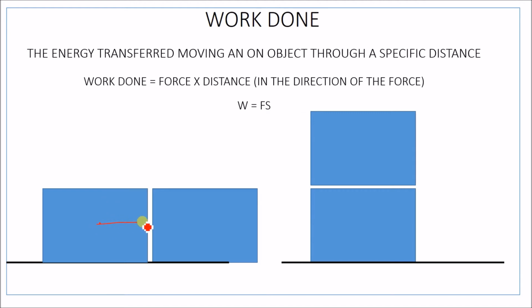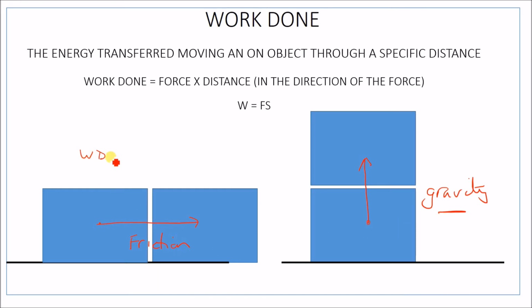If I've moved this box 1 meter, now remember the energy that we're using is by moving this box against friction. So it's the work done against friction. In this particular one, we're doing the work done against gravity. So it's against a force, okay? This is a contact force, this is a non-contact force.